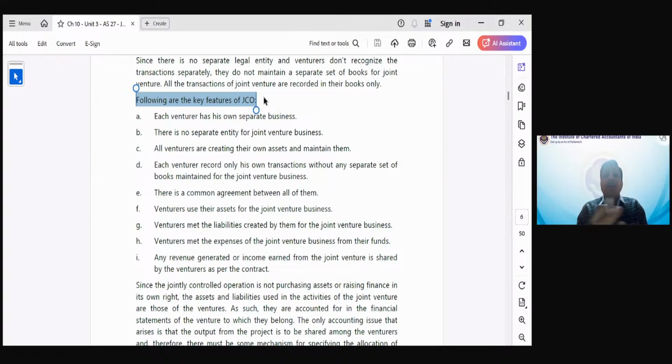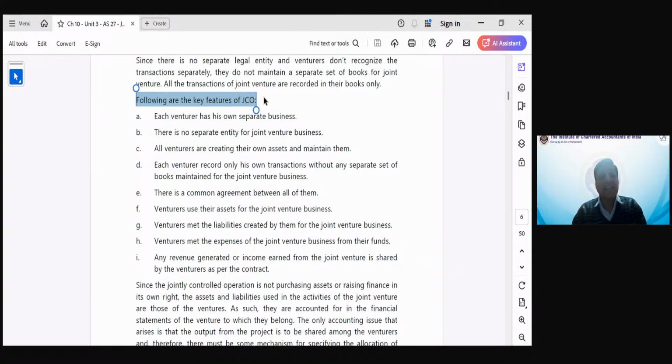There is no separate entity for the JV business. All the venturers are creating their own assets and maintaining them. Each venturer records only his own transactions without any separate books of accounts maintained for that JV business. There is a common agreement between all of them. That is a given thing for a joint venture.